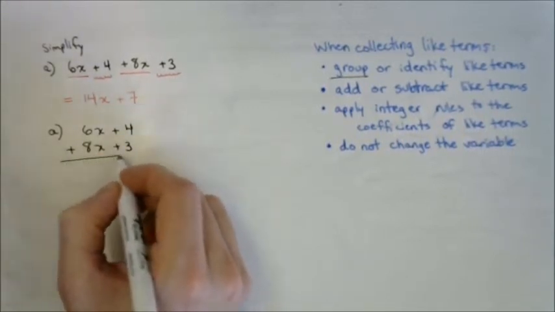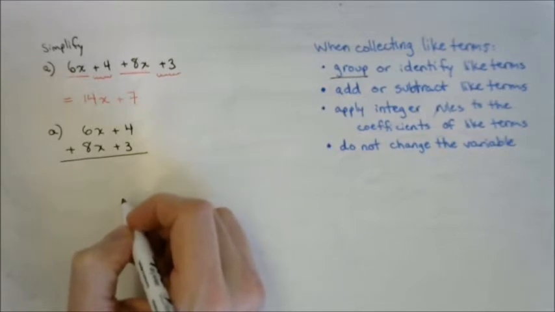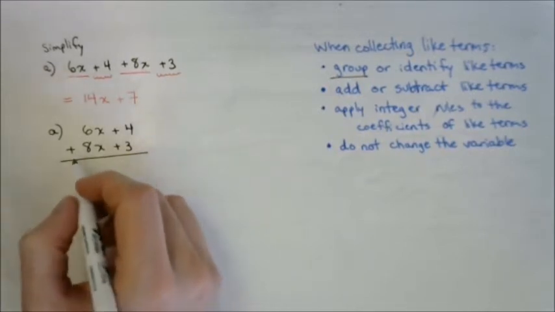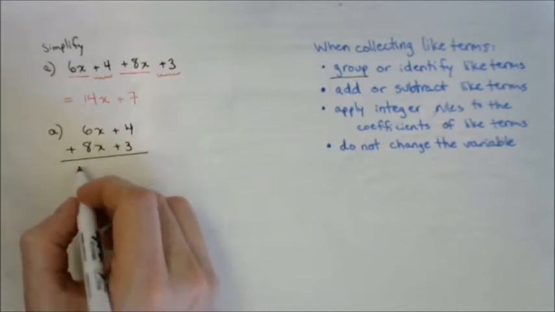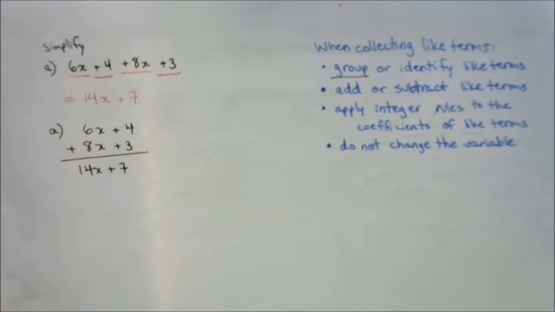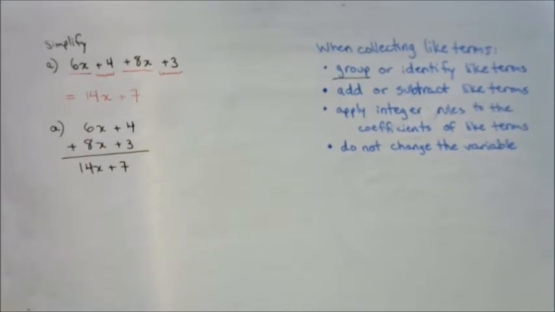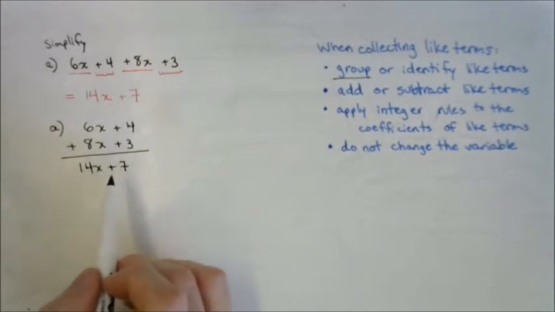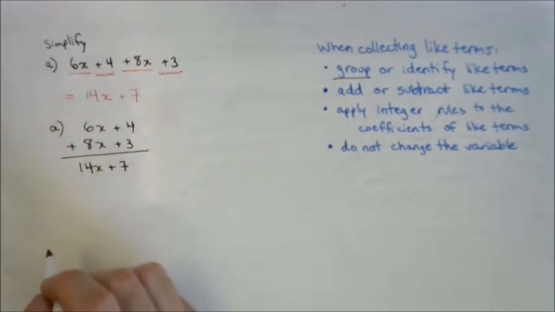And I could add that up that way. Okay? This positive sign stays with the 8x, so now I have 14x plus 7. See how that's exactly the same? Two different ways of grouping like terms. Okay, this way lines them up so that you're just doing addition how you already know how to.